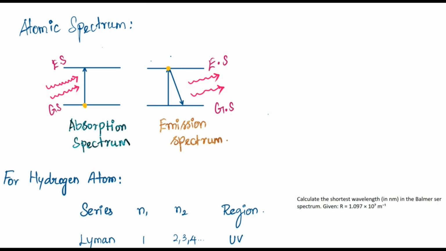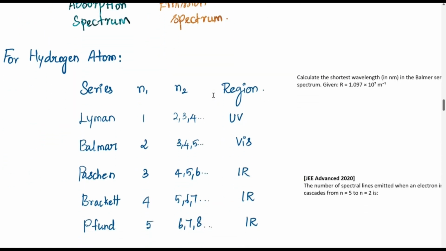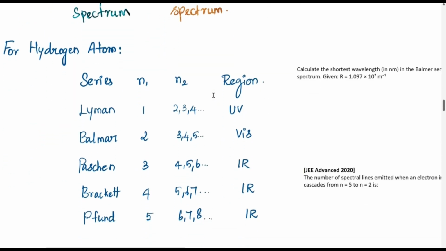It is as simple as that, emission and absorption spectrum. Why is that so important? Because we checked it with the hydrogen atom. Hydrogen atom, as we all know, is the simplest atom, having only one electron, so we don't need to care about which electron is going there. So we just tested with the hydrogen atom. We found some series, some lines over there.